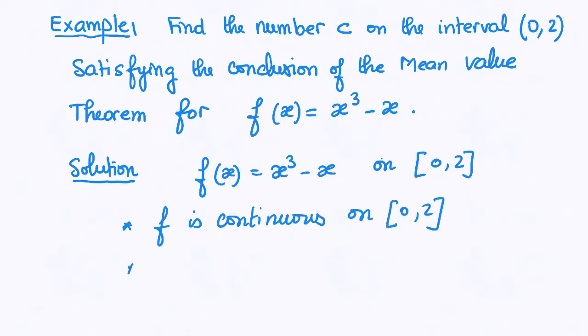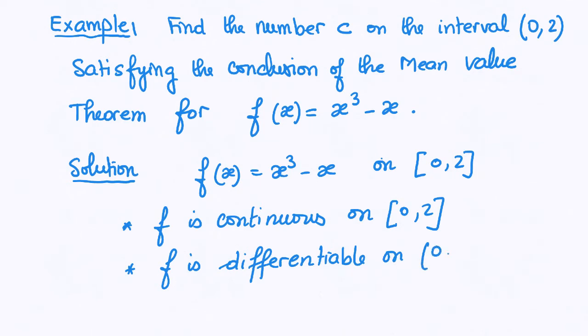And f is also differentiable, it has a derivative at any point inside the interval, so it's differentiable on the interval (0, 2). Therefore, I can apply the mean value theorem to this function.